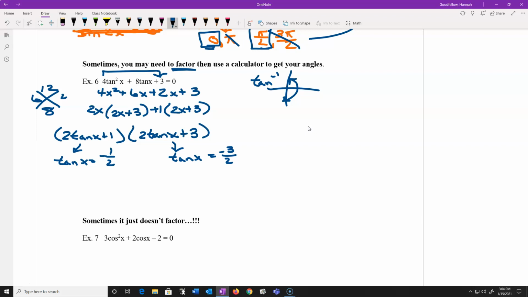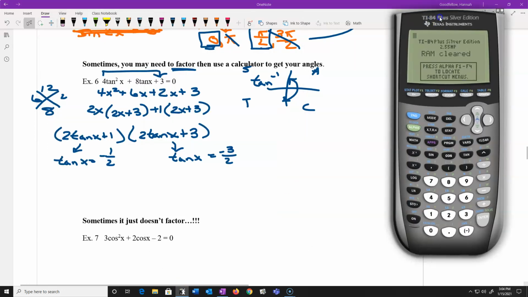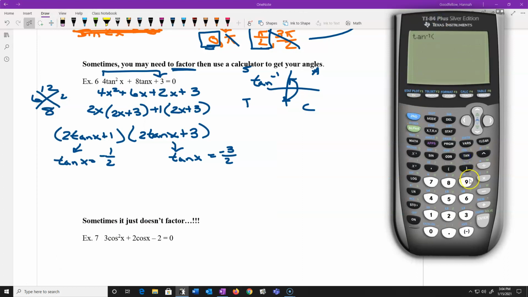So let's be thoughtful of that, and at the same time think about ASTC in each one of the individual cases. If I take the inverse tan of negative 1/2, let's see what we get here, inverse tangent of negative 0.5, I'm going to get an answer that's in the fourth quadrant. And that makes sense that it's going to be down there.